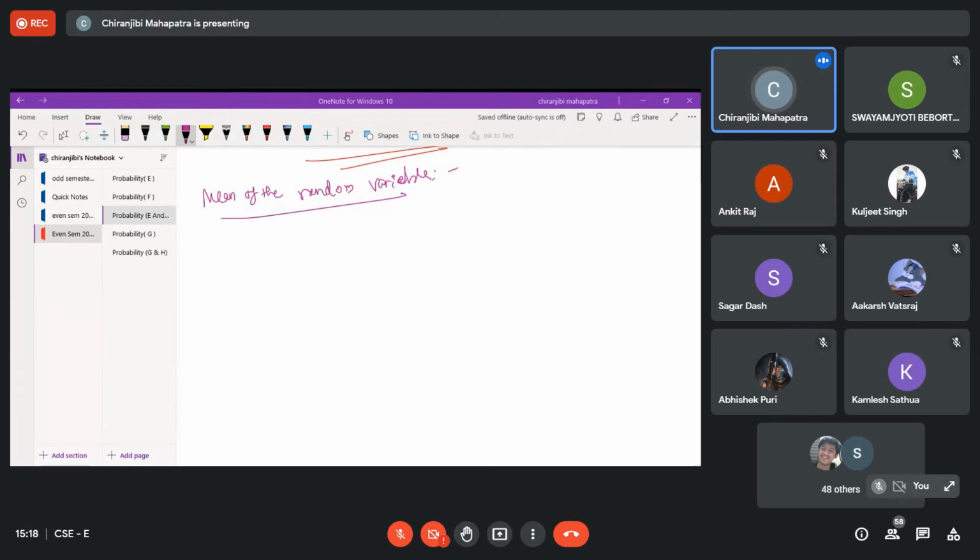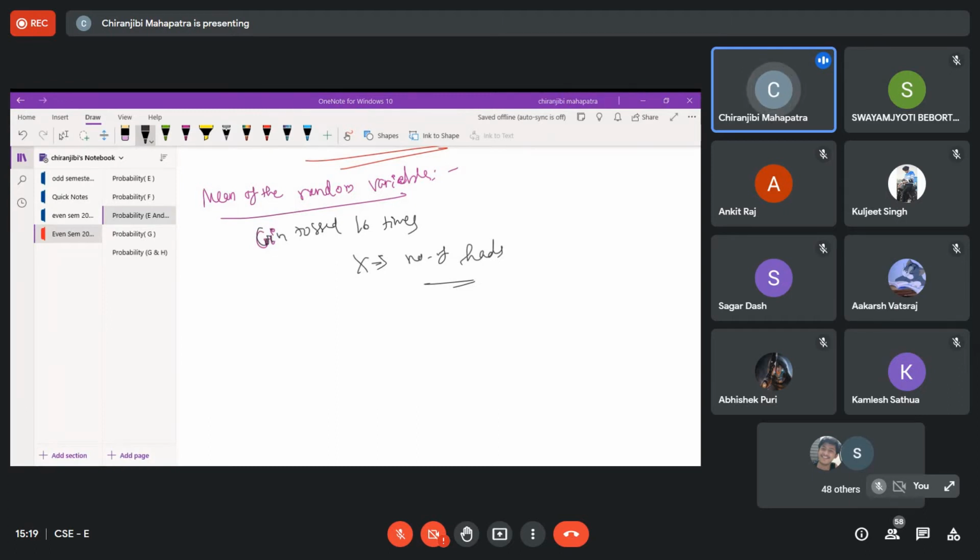If a coin is tossed 16 times, तो 16 टाइम टॉस करने के बाद so x denotes the number of heads that occur for the toss, ठीक है? x counts the number of heads.